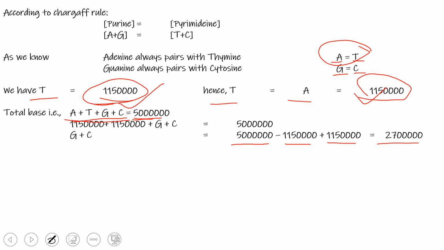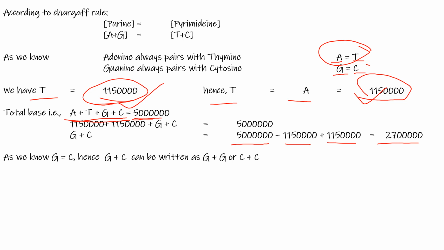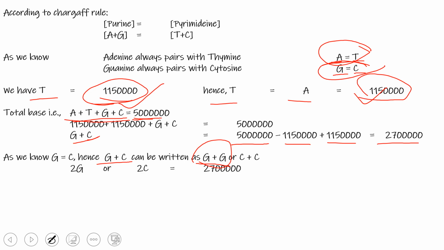That equals 27 lakh bases. Now, as we know, guanine always pairs with cytosine, so guanine is equal to cytosine. So G plus C can be written as either G plus G, because C is equal to G, or C plus C. So either it is 2G or 2C equal to this value.